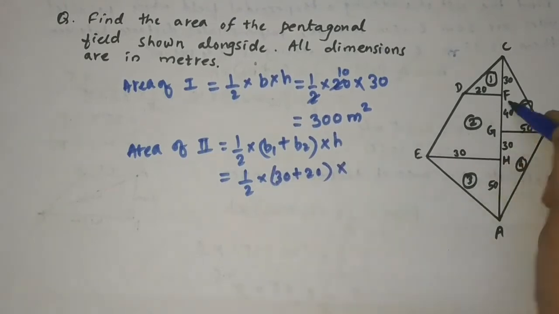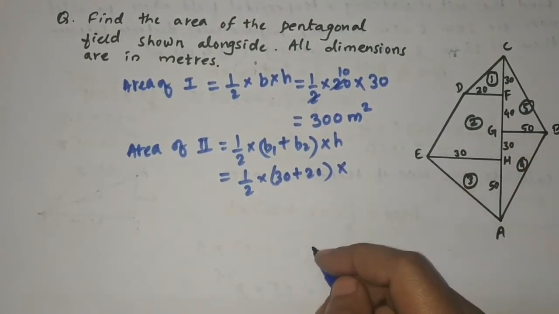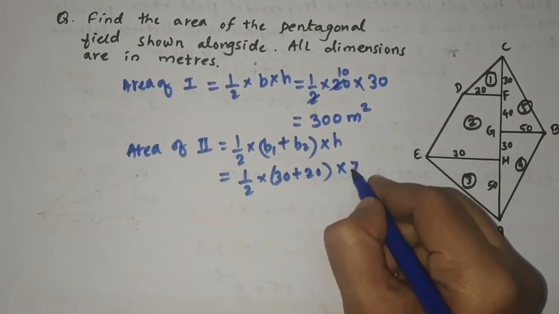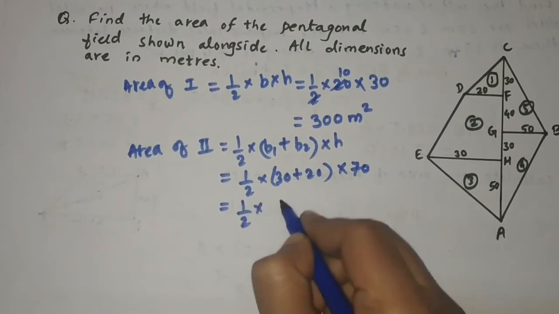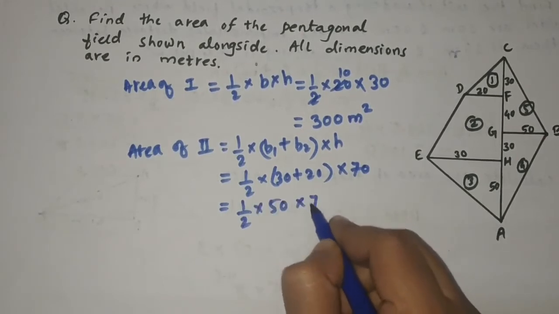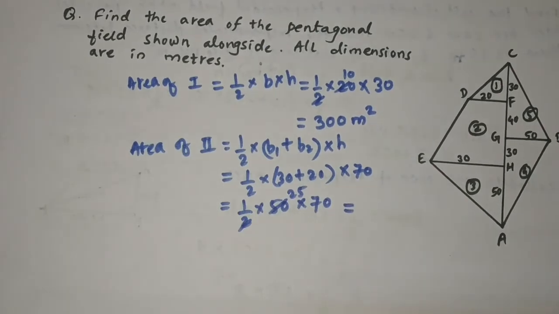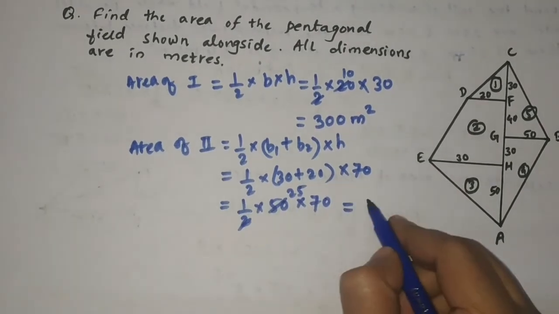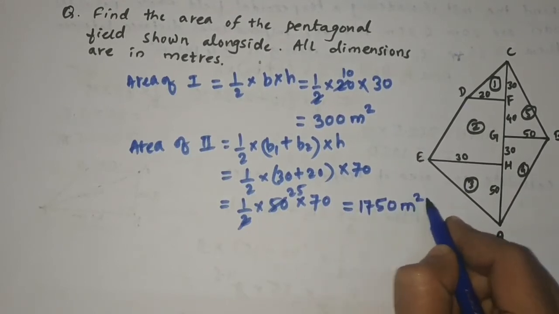And the height is given as 40 plus 30, which will be what? 70. Okay. So here 1 by 2 we'll write down 50 multiplied by 70. So just do it. We'll get 1750. This is meter square.